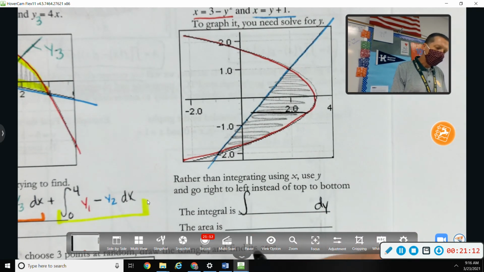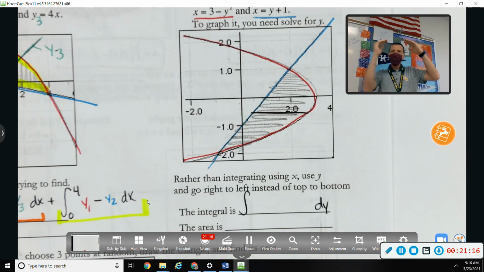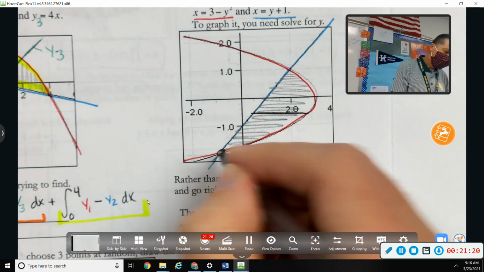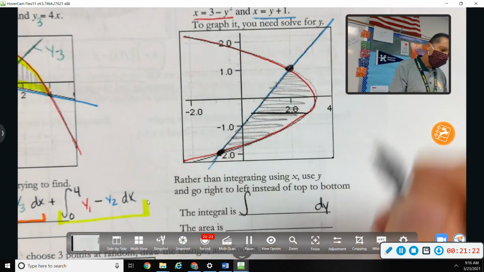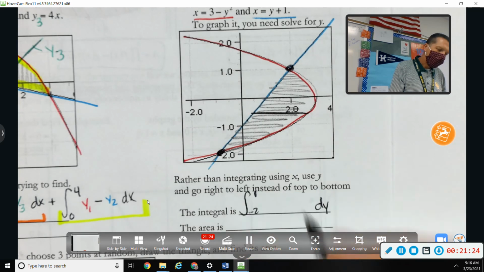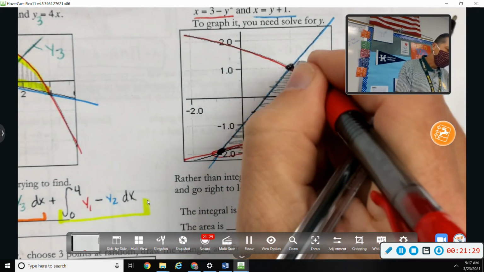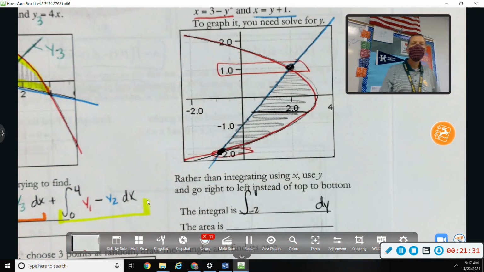So what are my limits? From what to what? You got to look bottom to top, not left to right. -2 to 1. Because we're looking at the y. -2 to 1. And then instead of top minus bottom, we got to do right minus left.